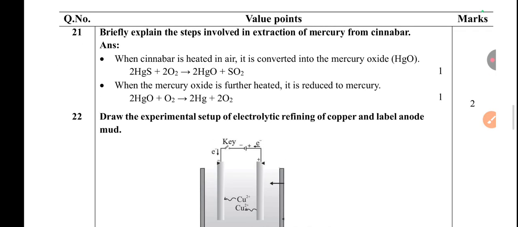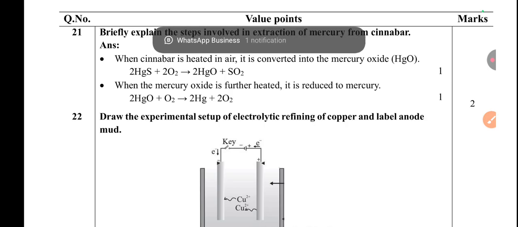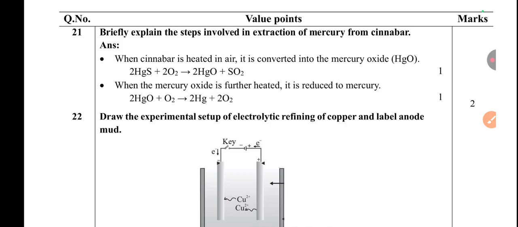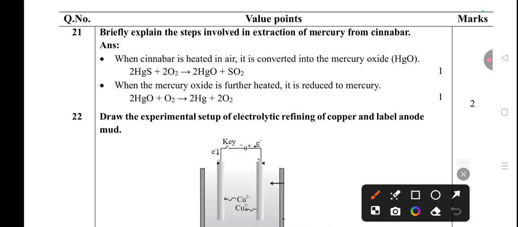Then question number 21: briefly explain the steps involved in extraction of mercury from cinnabar. When cinnabar is heated in air, it is converted into mercuric oxide, HgO. Cinnabar, HgS, reacts with oxygen from the air.